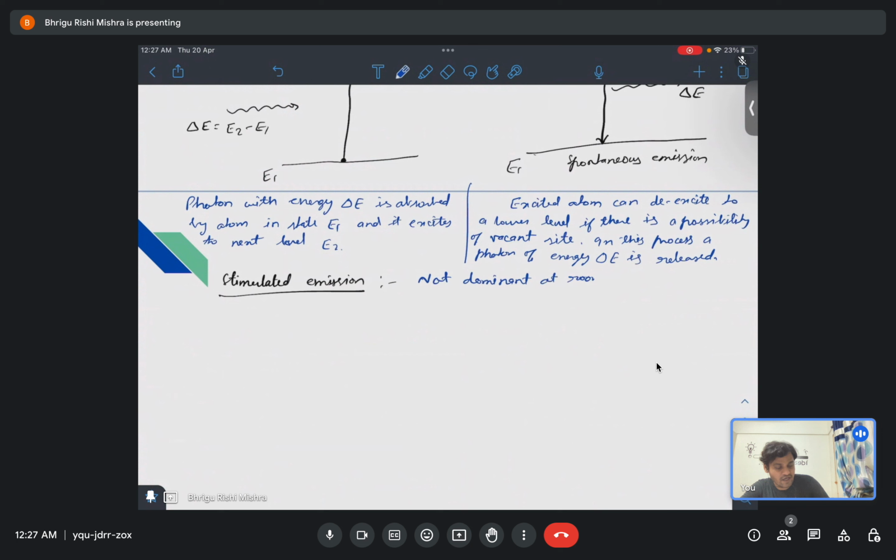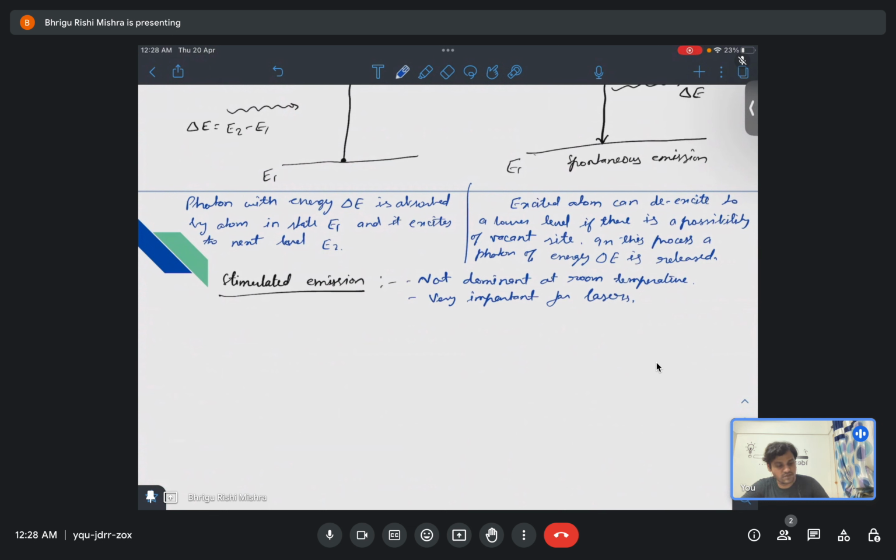You need a very high temperature for stimulated emission, and the main thing is that it is very important for laser.